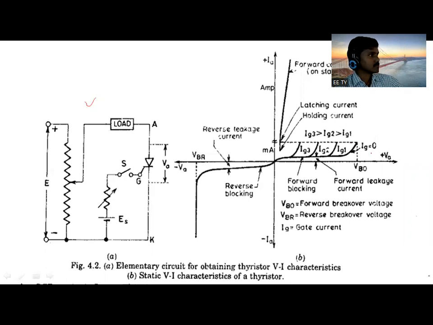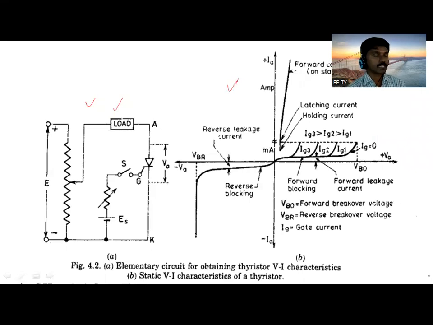Clear? So next Thursday we have a practical. In that laboratory session, we will conduct the VI characteristics of SCR, so we can complete the one experiment. Is it clear? Everybody should draw this circuit as well as these VI characteristics.